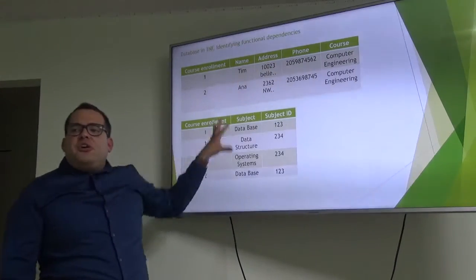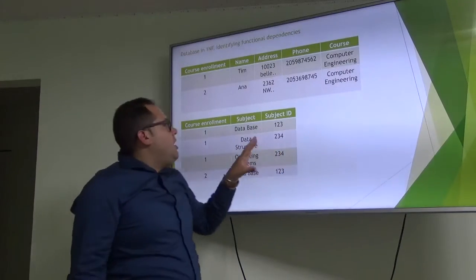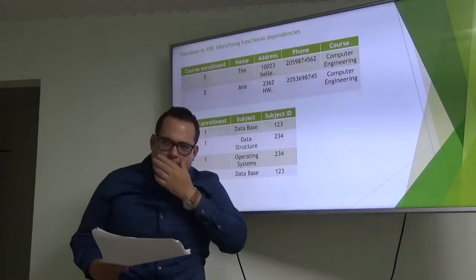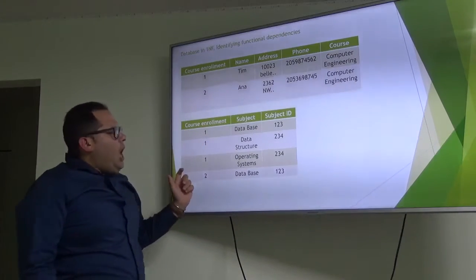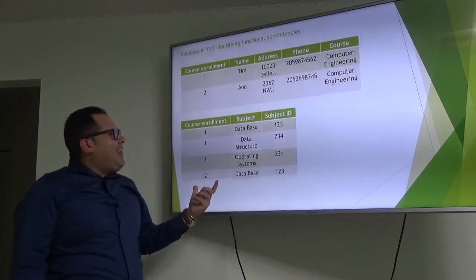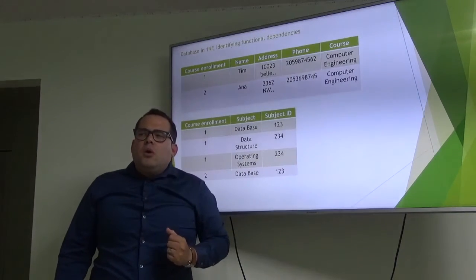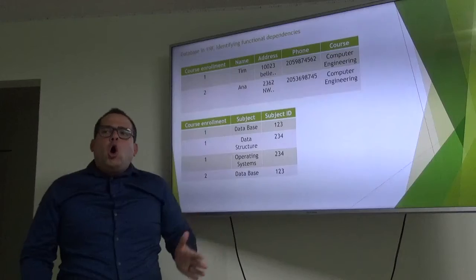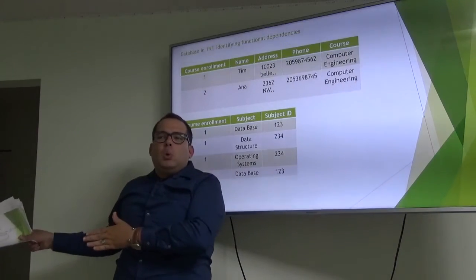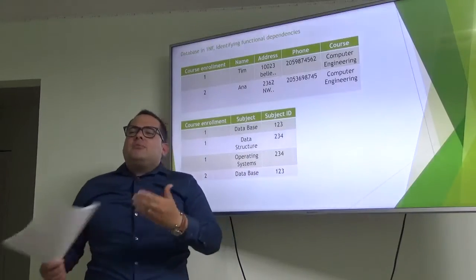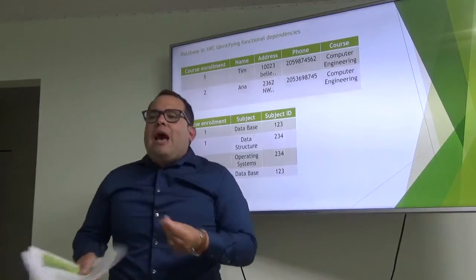Okay, we have here our database in the first normal form. Well, who can explain to me what is necessary here to transform it to second normal form? Okay? According to the descriptions we saw, what is the new table we have to create?